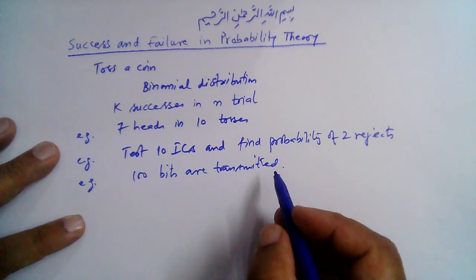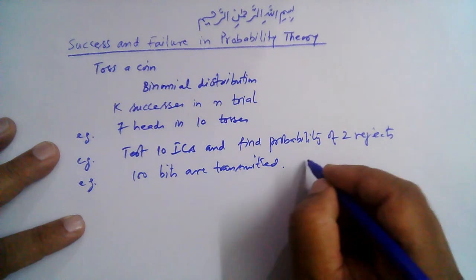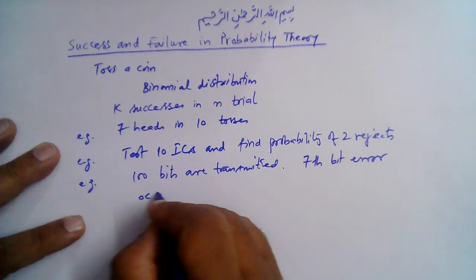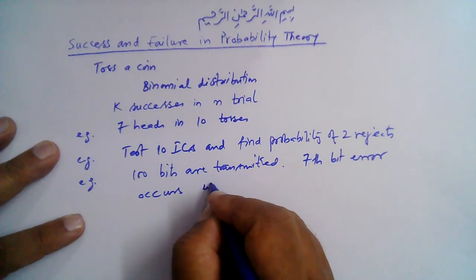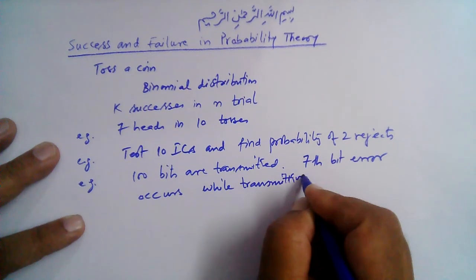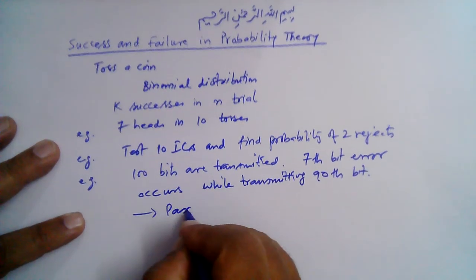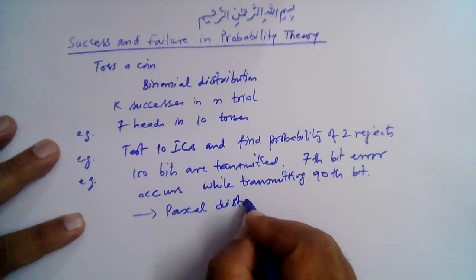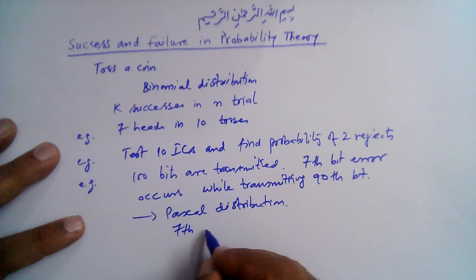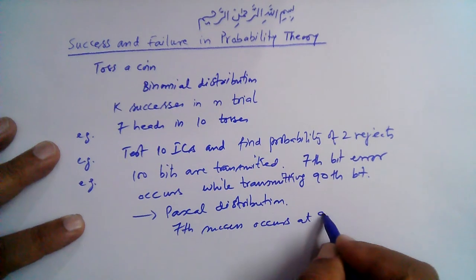So that's the problem which is treated by the Pascal distribution. 7th bit error occurs while transmitting the 90th bit. So that is treated by the Pascal distribution, and we'll be saying that the 7th success occurs at the 90th trial.